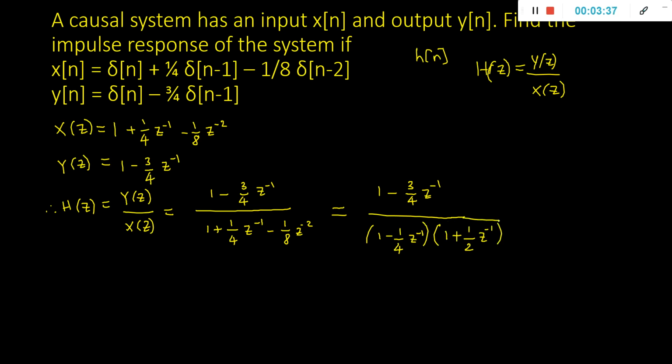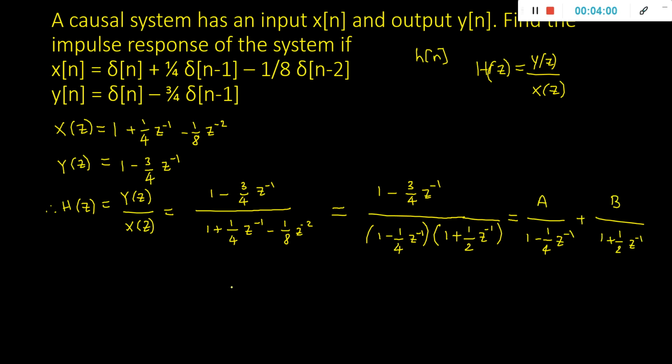So these are the two factors. Now it is very easy for me to make use of the partial fraction expansion method. I'm going to write this as a divided by 1 minus 1 by 4 z inverse plus b divided by 1 plus 1 by 2 z inverse.